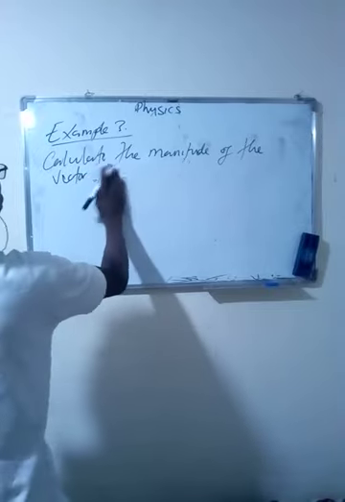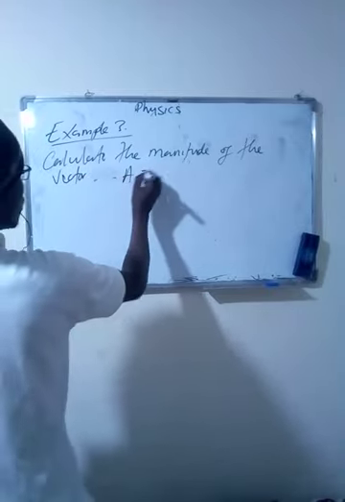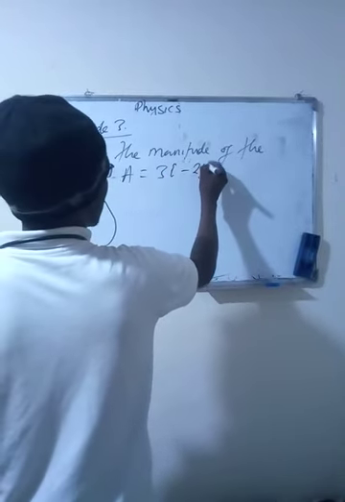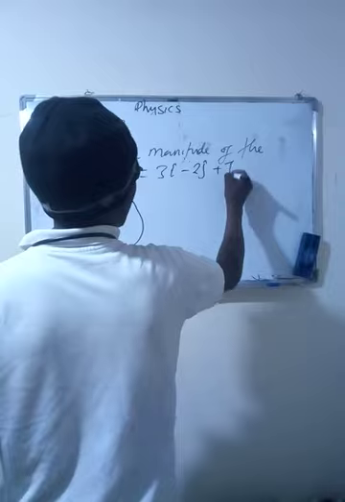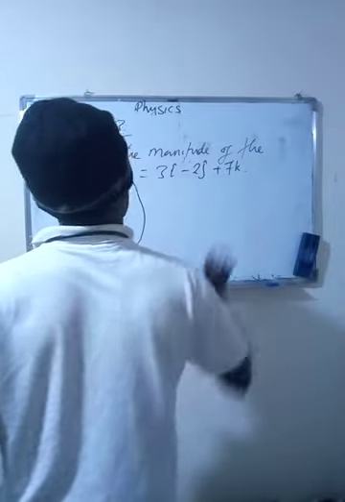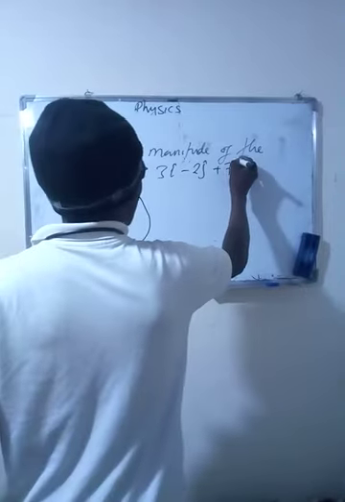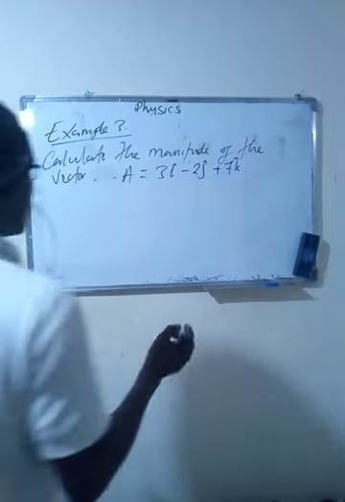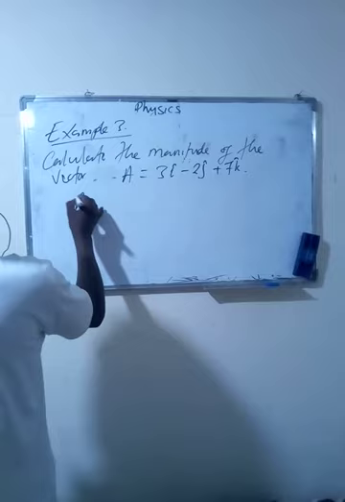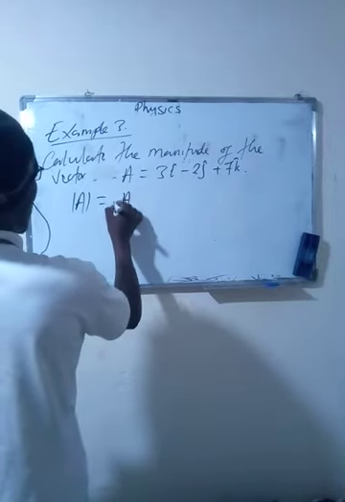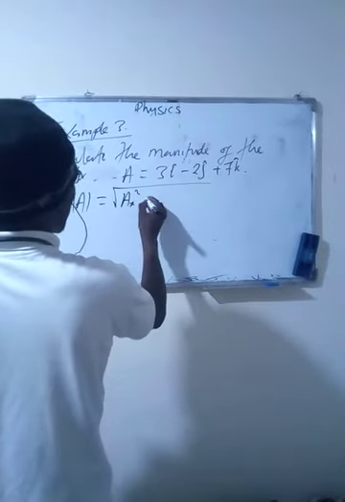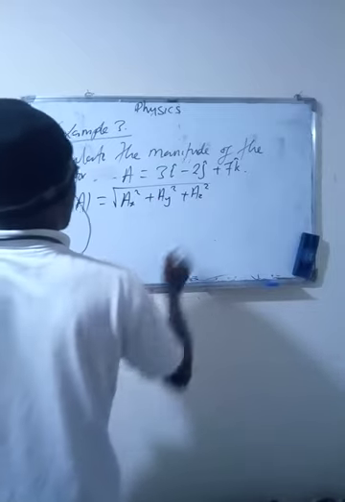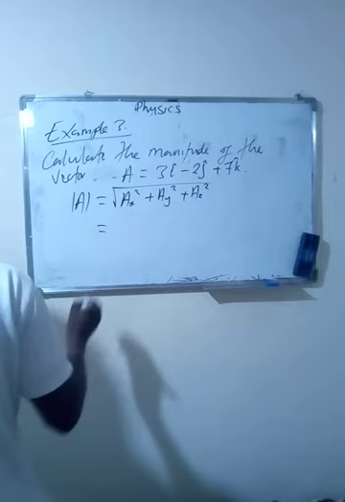It's very simple. Remember, we said that the magnitude of A is equal to the root of ax squared plus ay squared plus az squared. Here ax is the coefficient of I. Remember we said that A is equal to ax I plus ay j plus az k.